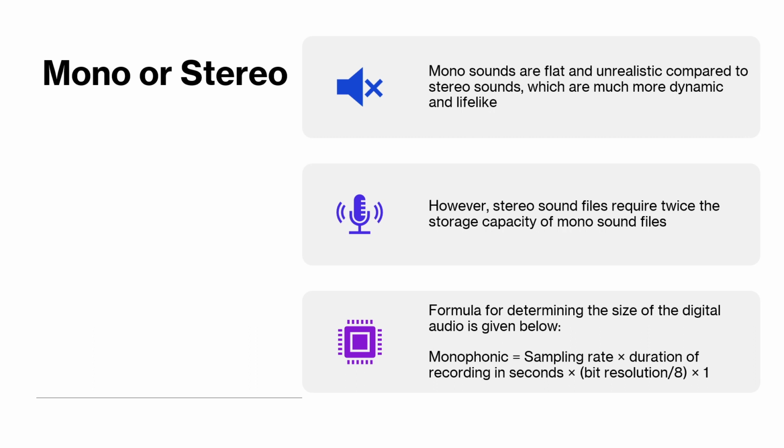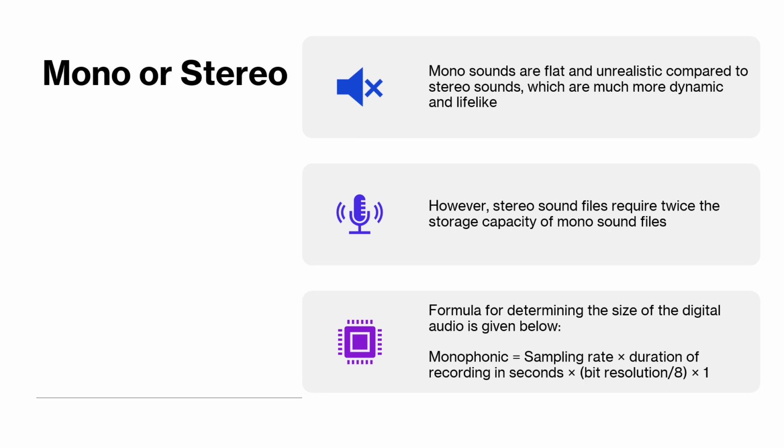Now, the formula for determining the size of a digital audio is also given, as you can see here. In fact, there are two. We have the monophonic, which is a way to determine the size of a digital audio.